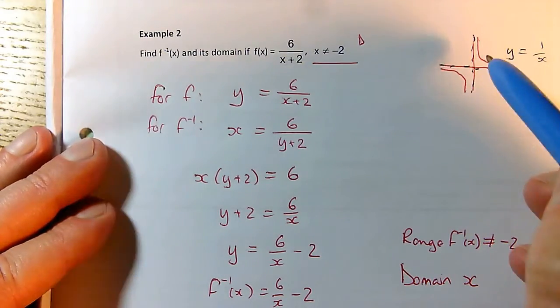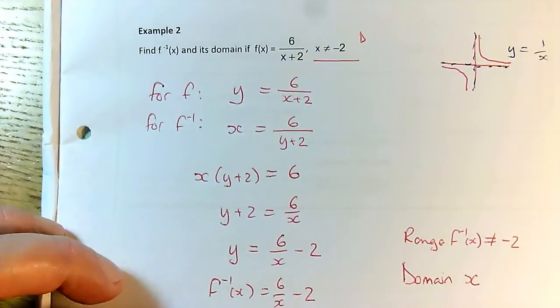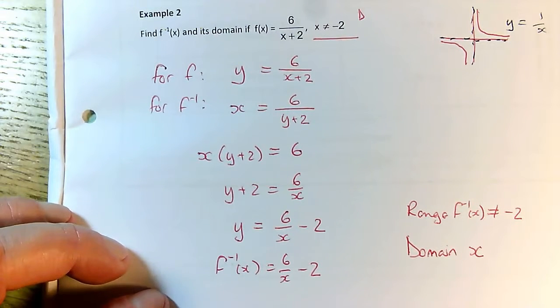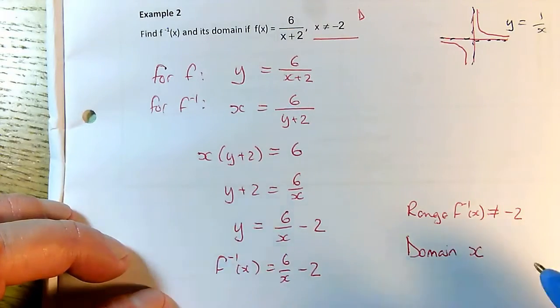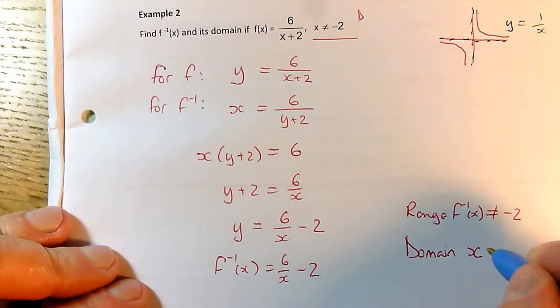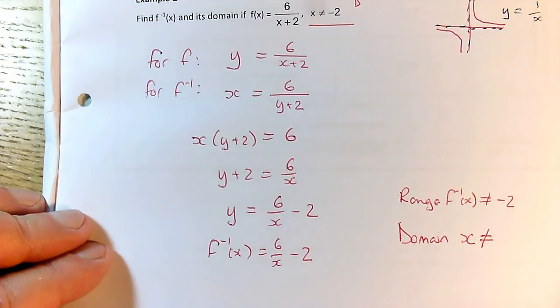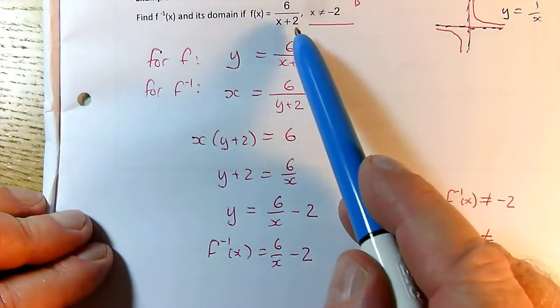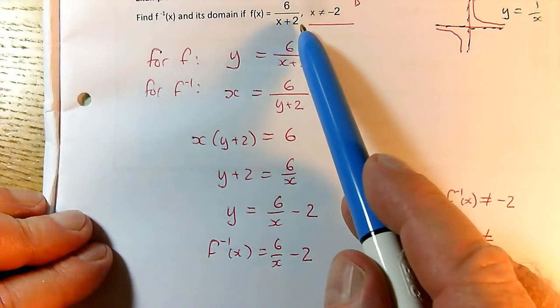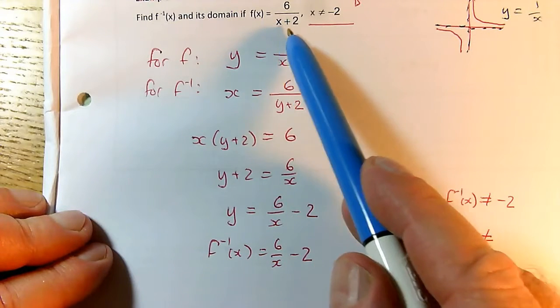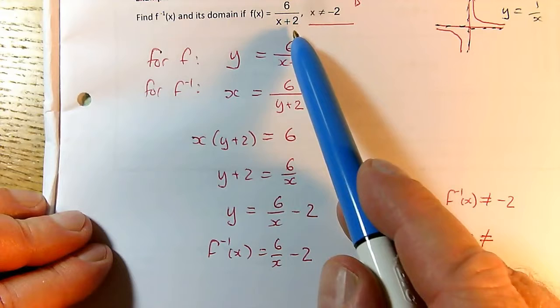So knowing that about the graph, I'm expecting for my inverse function, I don't know what it is yet, but I'm expecting the domain to be everything except for one particular value. So the domain's going to have the form x can be anything except one particular value that I've got to ban. So with this one here, the value we had to ban was minus 2, because x equaling minus 2 gave me that division by 0 problem.